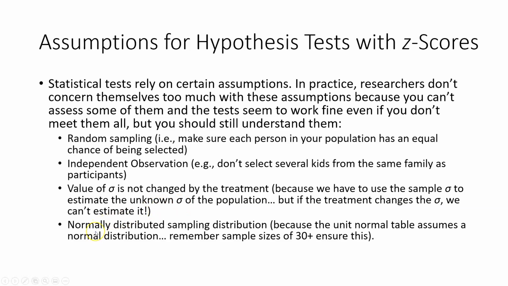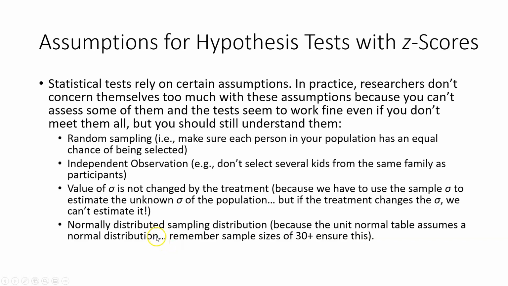And finally, a normally distributed sampling distribution has to be extant because the unit normal table assumes a normal distribution. Remember, your sample sizes of 30 plus ensure this. So when you use the unit normal table, that's B.1, you can only get those percentages, those p-values, if it's a normal distribution.